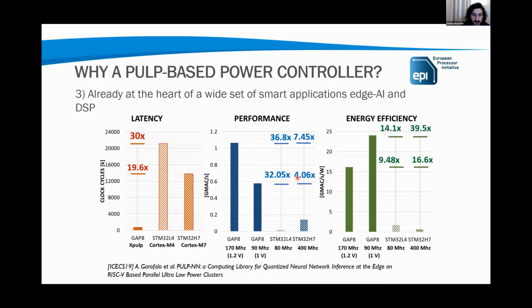So it can achieve on an AI application up to 36x faster than compared to an M4 and 8 times faster when compared to an M7 system. So it's more performing. And that's why we use it for the design of the power management subsystem.